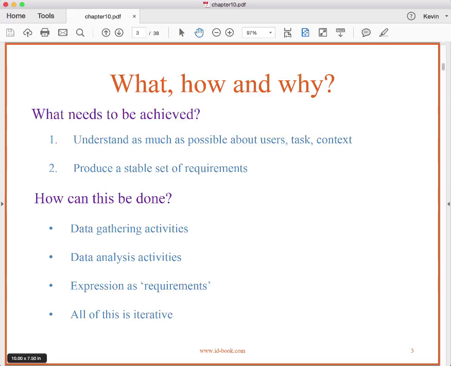Okay, we talked about our overall interaction design being iterative. And really the process of doing, say, systems analysis and design these days, there's a fairly prevalent point of view that says that it works well when it's iterative.